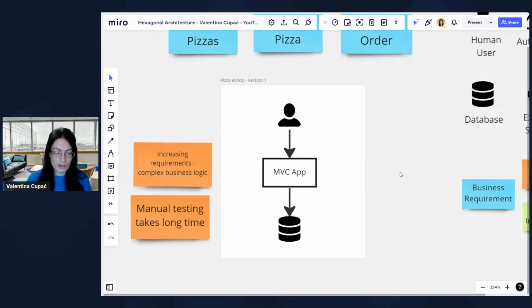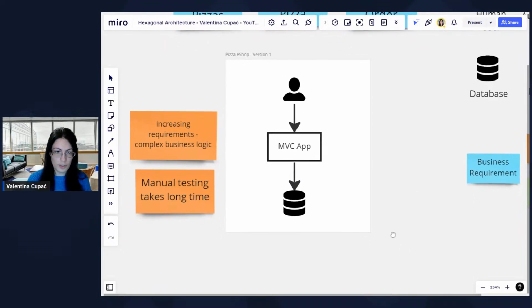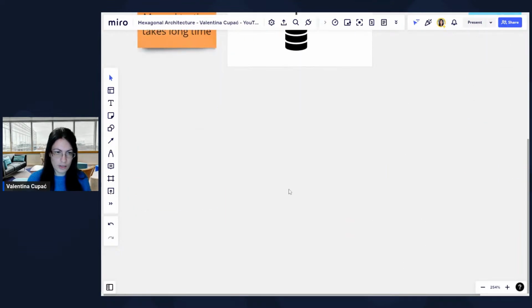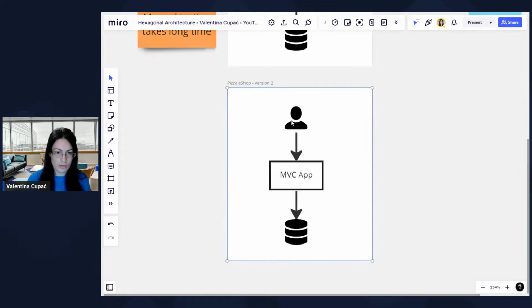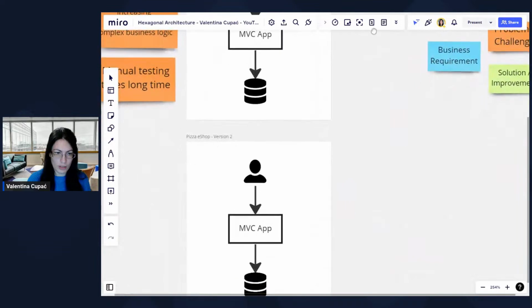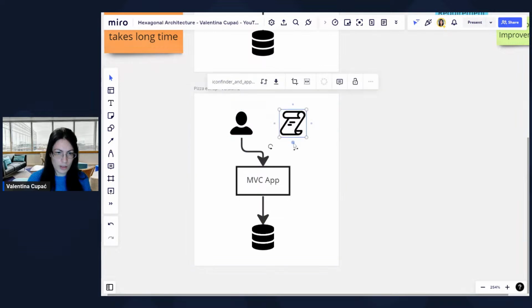So then the team is trying to solve this problem, and they get the idea that perhaps they should introduce automated tests. So in the next version of the system, we're going to be introducing automated tests, and these automated tests will be calling the MVC application.